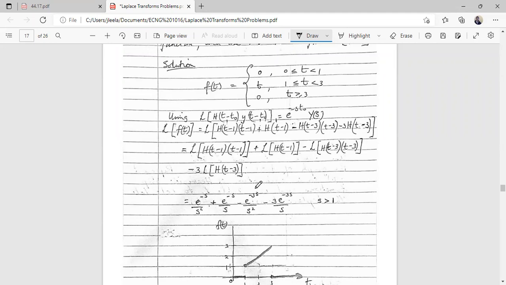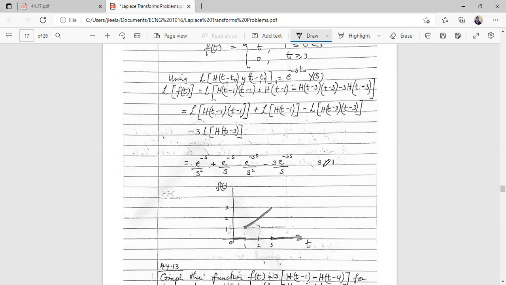The Laplace of h at t minus 1 is just e to the minus s over s. The Laplace of h of t minus 3 times t minus 3 is minus e to the minus 3s over s squared. And this one here, minus 3 by e to the minus 3s over s. And s must be greater than 1.